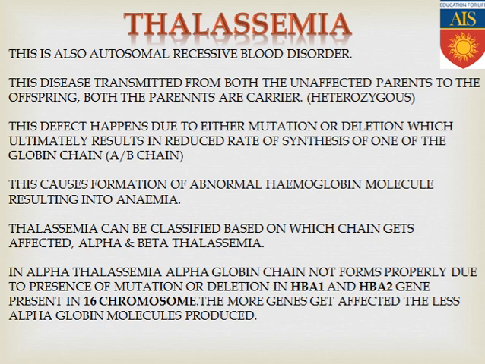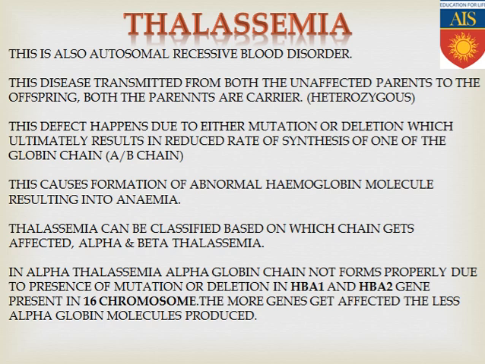This defect happens due to either mutation or deletion, which ultimately results in a reduced rate of synthesis of one of the globin chains, alpha or beta chain. So thalassemia is of two types, alpha thalassemia and beta thalassemia. Alpha thalassemia means the mutation has occurred in the alpha globin gene, so obviously a mutant product, the alpha globin polypeptide chain, will come, and if the mutation has occurred in the beta globin gene, automatically the mutant product comes in the beta globin protein.